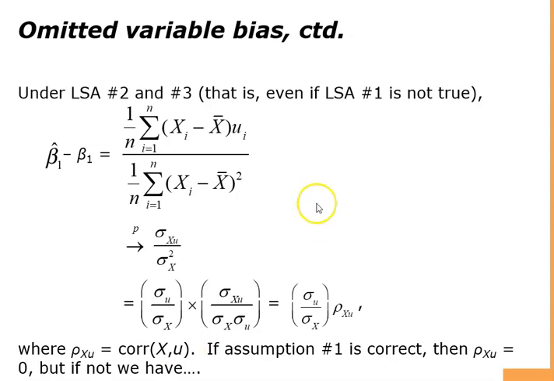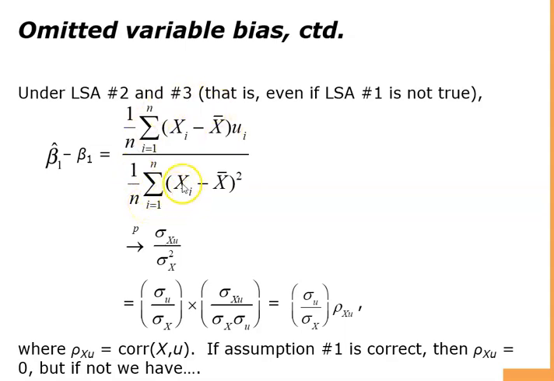It would simply mean that the covariance between X and U will not actually be 0. It would mean that this fraction will actually be a number. Now this can be a positive number or a negative number depending on how the correlation between X and U is.